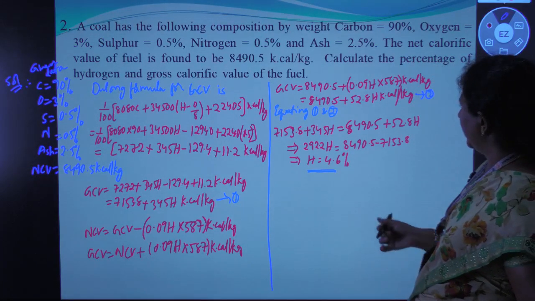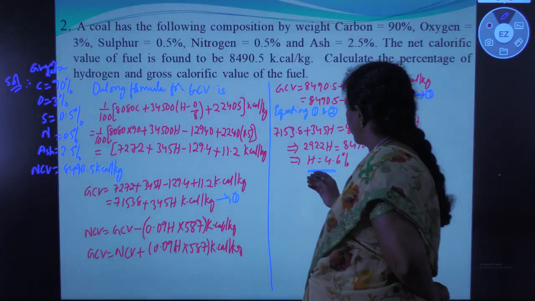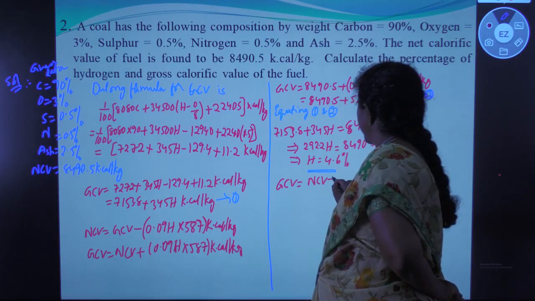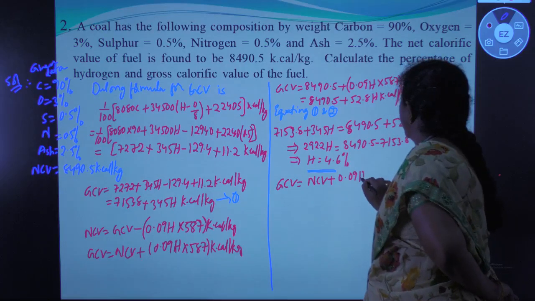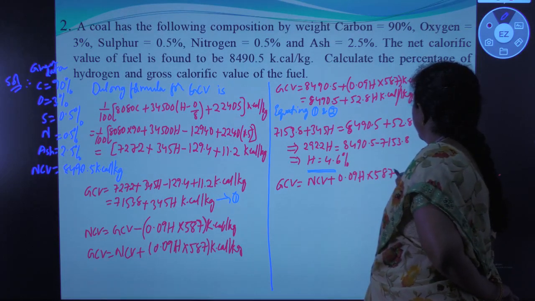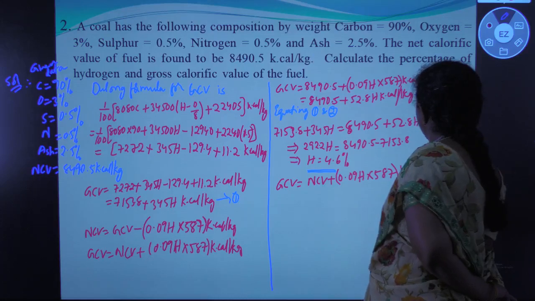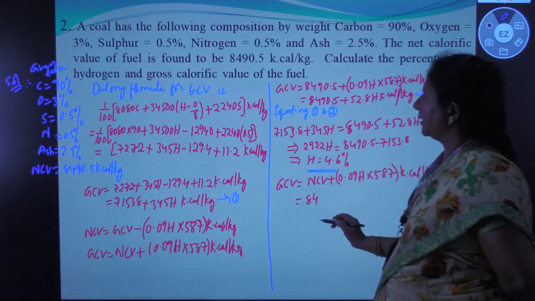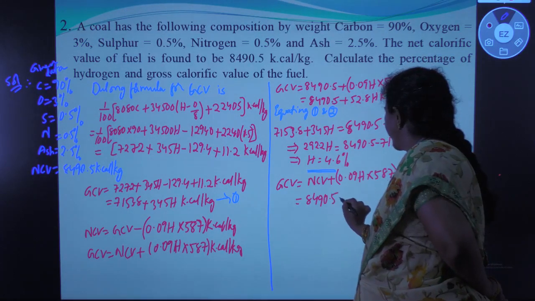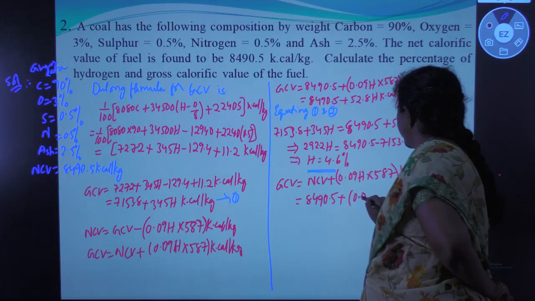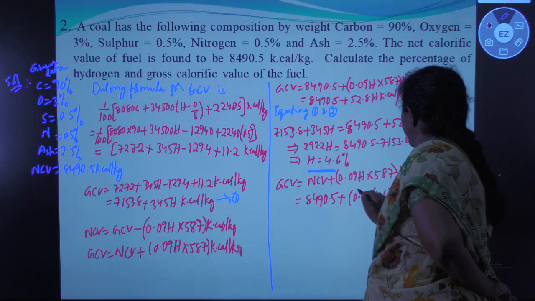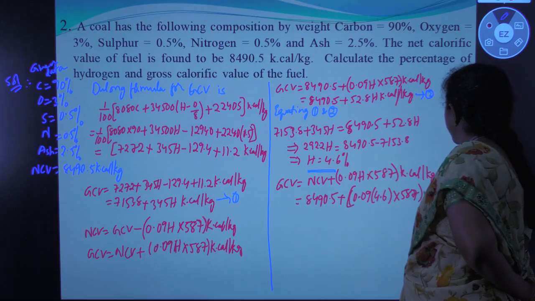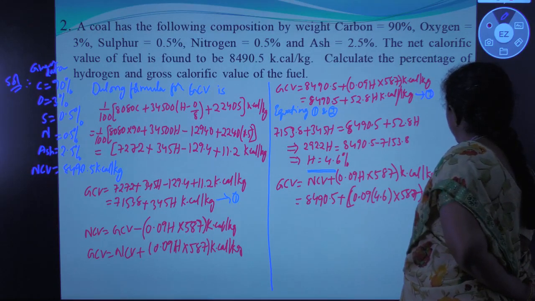From this, we have to calculate the gross calorific value. We have the gross calorific value as NCV plus 0.09 hydrogen into 587 kilocalorie per kilogram. So substituting here, the NCV value is given as 8,490.5 kilocalories plus 0.09 into 4.6, which is the percentage of hydrogen we got, into 587 kilocalorie per kilogram.